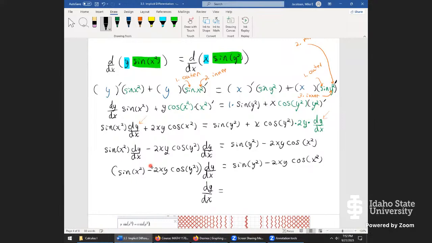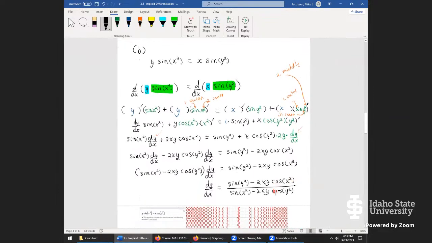Dy dx is equal to that whole numerator right there, sine y squared minus 2xy cosine x squared, divided by that entire group that was left over from factoring. So divide by sine x squared minus 2xy cosine y squared. Finally, that's where that problem sits after a lot of good work on this one.